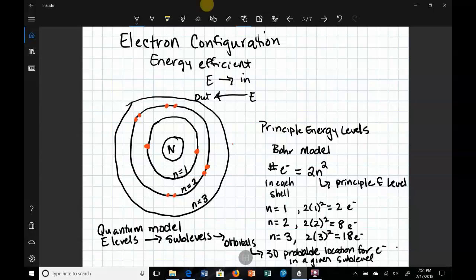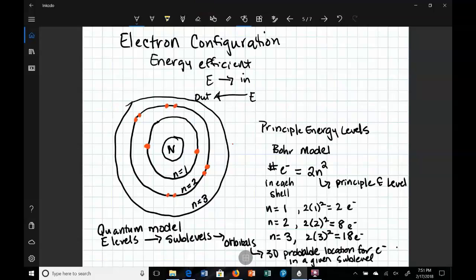The farther we go away, these electrons have more and more energy, and they have more and more room to roam. As we move away from the nucleus, electrons have higher and higher energy. And we know this from electromagnetic radiation studies.